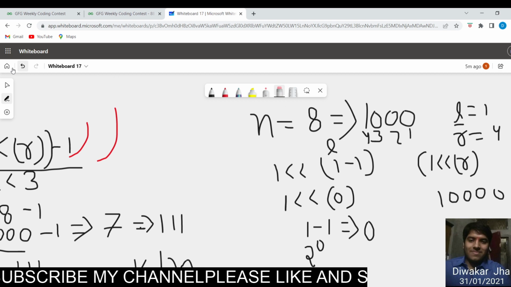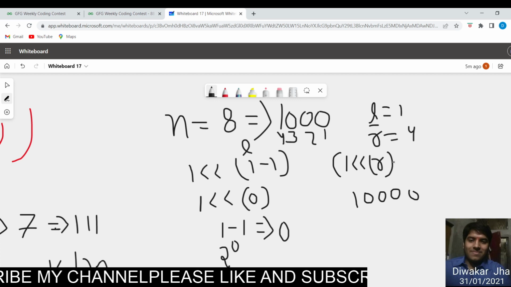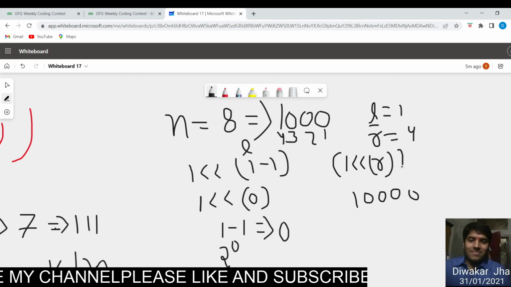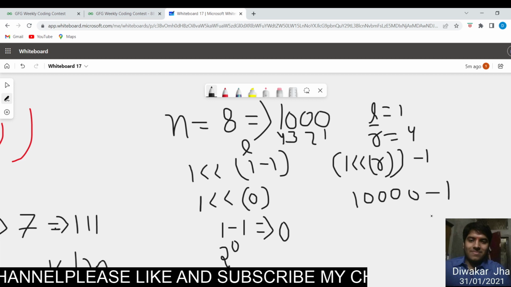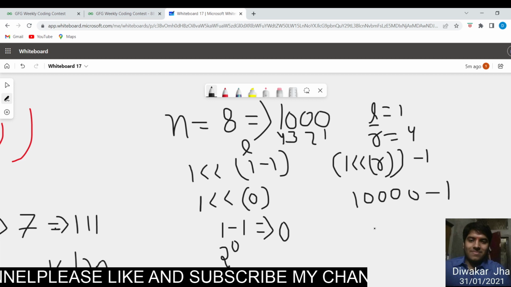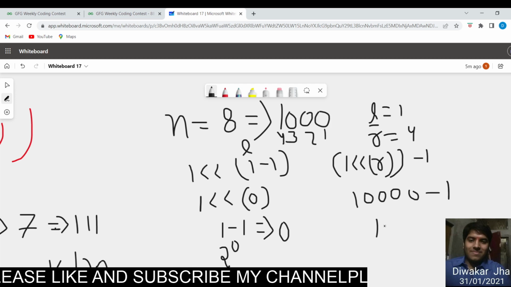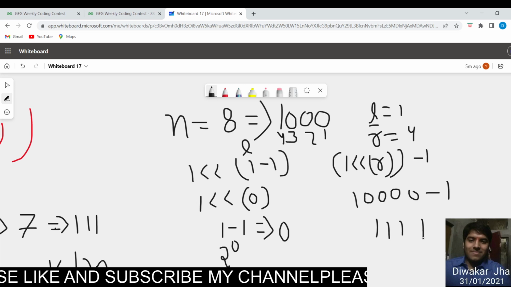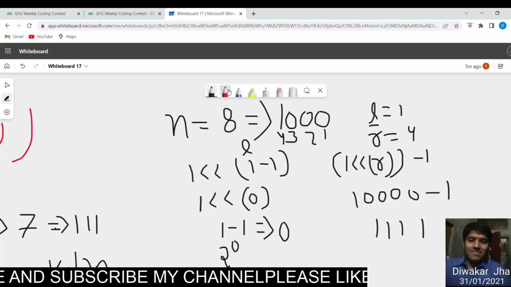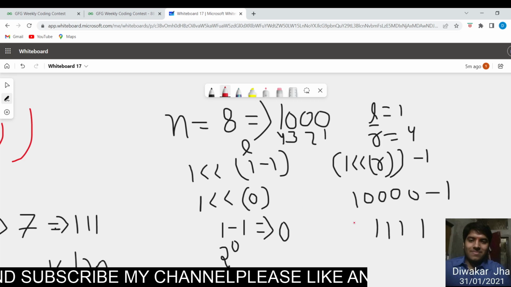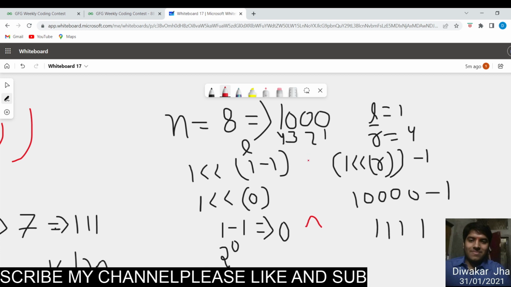Okay, now what you will do, you will simply subtract this value by 1. So what you will get, you will simply get 1 1 1 1. Okay, now again these value and these value, perform the bitwise OR.